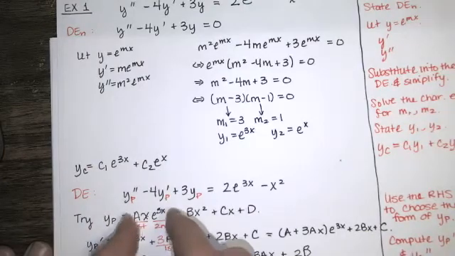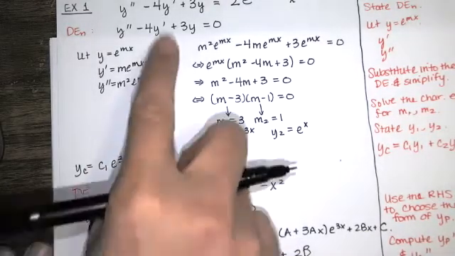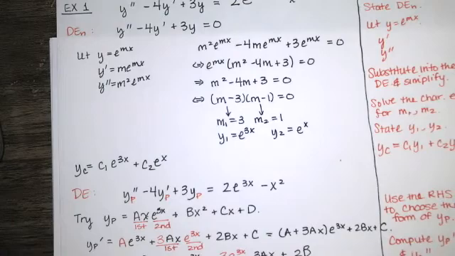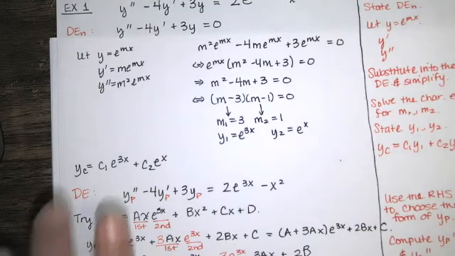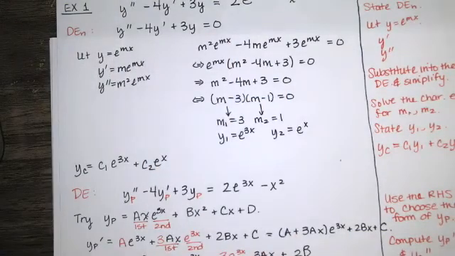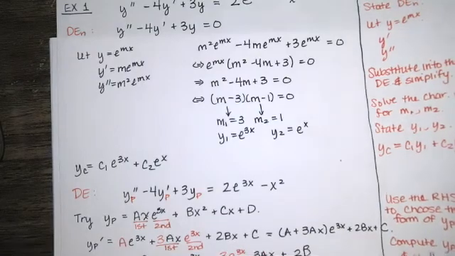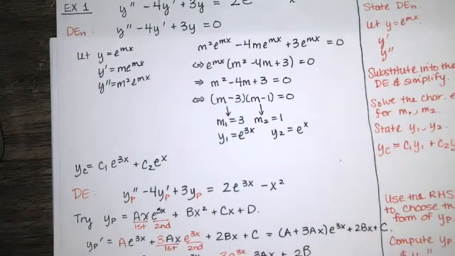Because if this term is part of y sub c, then we know it's a solution to the homogeneous equation. And if we plug that into this equation, we're not going to get 2 times e to the 3x. We're going to get 0 because it's a solution to the homogeneous equation. So I hope that makes sense, and we'll do another example in another video.